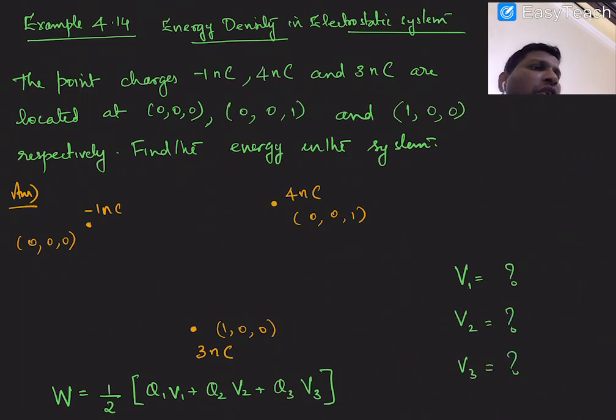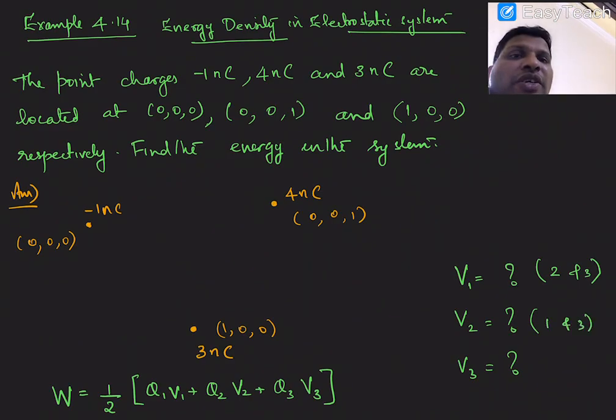Whenever we are talking about V1, it is due to the effect of charges 2 and 3. V2 is the potential at point 2 due to the charges 1 and 3. So this is the potential V1, here the potential is V2, and here the potential is V3.